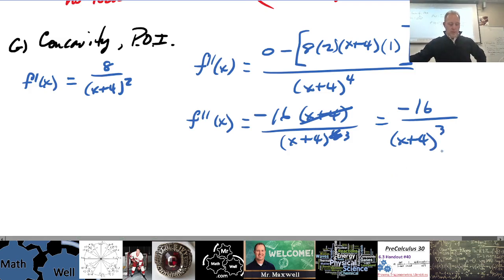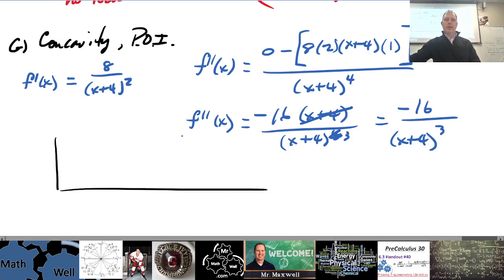Okay, so we need to find out where this is positive and where it's negative. So we have a cubed here. So changing x will probably change the sign of this thing here. So let's do sign analysis on the second derivative. Make a space for it over here. So I've got negative 16, may as well keep that there. That's negative everywhere, so just keep that in mind.